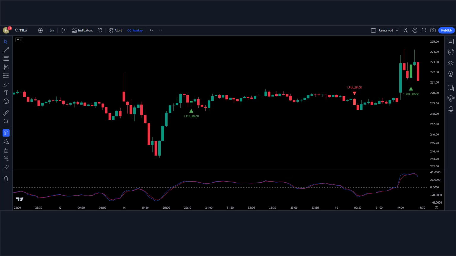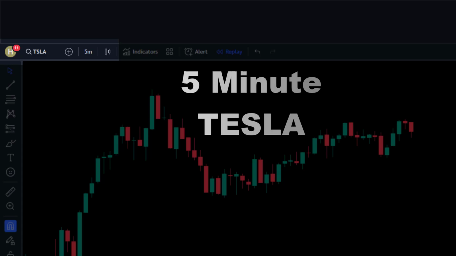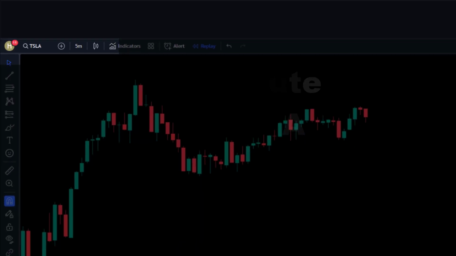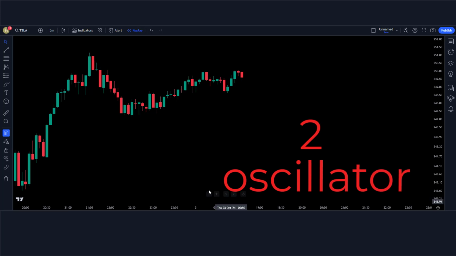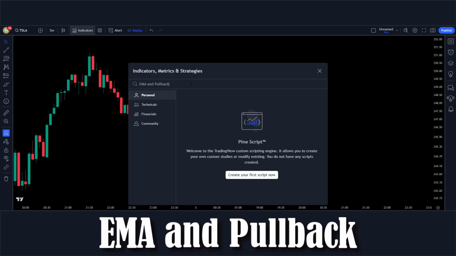So let's get started. Now let's create a trading setup. We are going to test this strategy on the 5-minute time frame in a Tesla chart. In this setup we would require two oscillators. First indicator name is EMA and pullback.